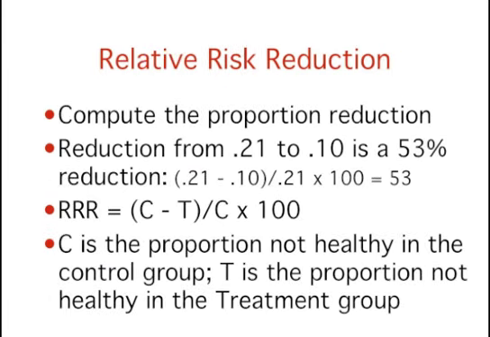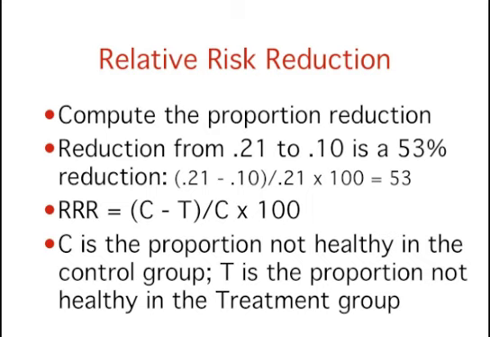Alternatively, one could measure the difference in terms of percentages. For our example, the proportion of non-healthy people on the Mediterranean diet, 0.10, is 53% lower than the proportion of non-healthy people on the AHA diet, 0.21. This value is computed as the quantity 0.21 minus 0.10 divided by 0.21 multiplied by 100 and is equal to 53%.